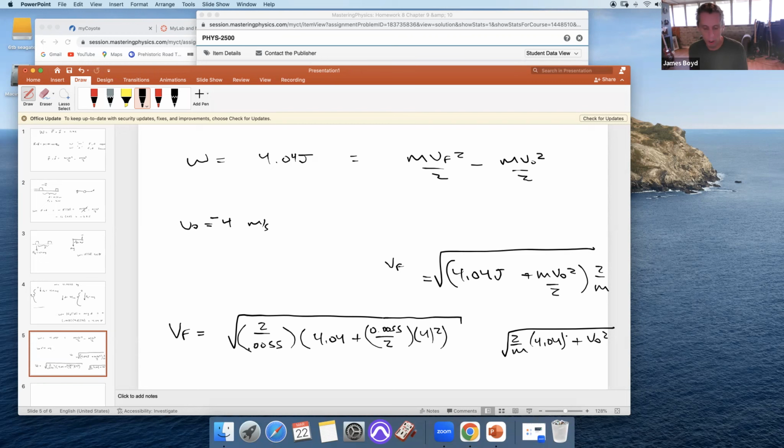So 2 divided by 0.0055 times 4.04 plus 2 divided by 0.0055 times 16, and then take the square root of that answer. 2 divided by 0.0055, times 4.04, plus 2 divided by 0.0055 times 16.